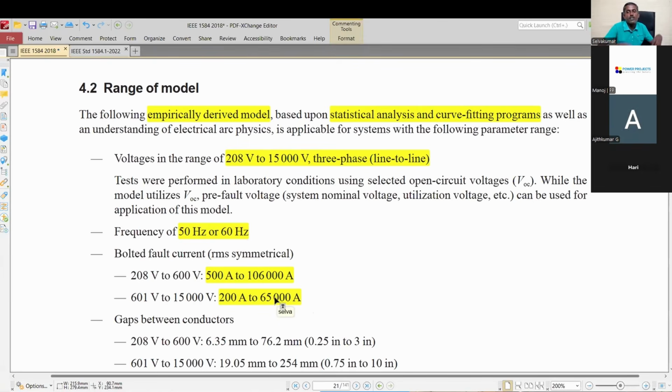If you're talking about a generator circuit breaker at 13.8 kV, which has more than 65 kiloamps short circuit current, this IEEE 1584 methodology is not applicable. IEEE 1584 is applicable for 208 volt to 15 kV, 3-phase, 50 hertz or 60 hertz; 208 volt to 600 volt, 0.5 kiloamps to 106 kiloamps; 601 volt to 15 kV, 200 amps to 65 kiloamps.